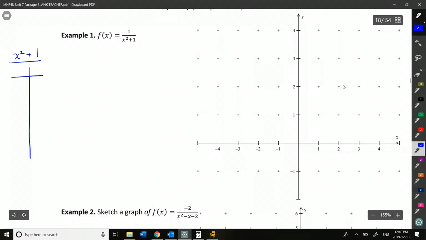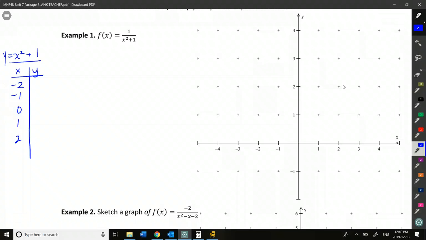So for instance, I think we could get enough information if we did like -2 to +2. Okay, and I'm going to get my y's by just entering each of these x values into my equation. And then I'll kind of plot the points.